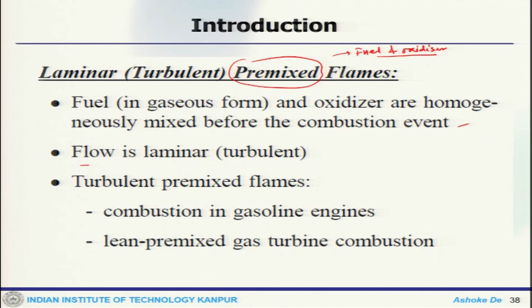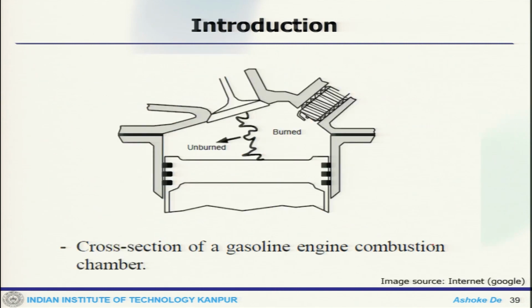For example, a turbulent premix flame you can have in a gasoline engine, or in lean premix gas turbine combustion. These are examples of the turbulent regime, and this is one cross section of your gasoline engines, essentially spark ignition engines used in two wheelers, four wheelers, cars, the petrol based engines.